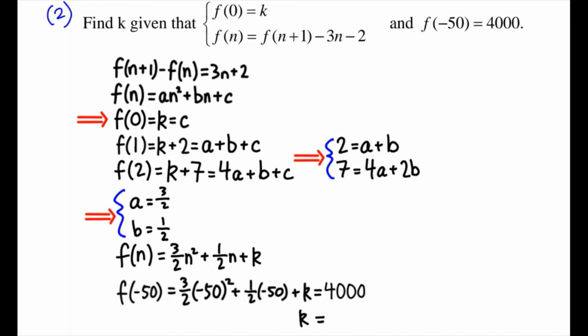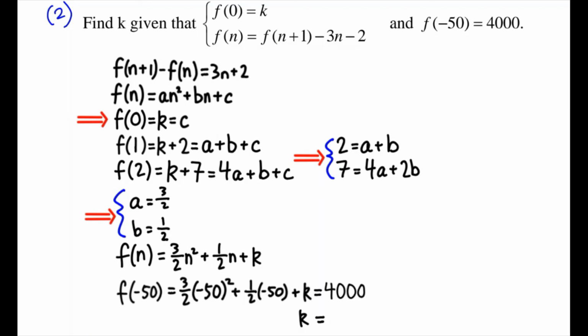Rearrange this equation over here. We get that this is also fn plus 1 minus fn, which is equal to 3n minus 2. Again, we only get this by rearranging this over here. So that means that fn is also a second degree polynomial. So we have this over here.